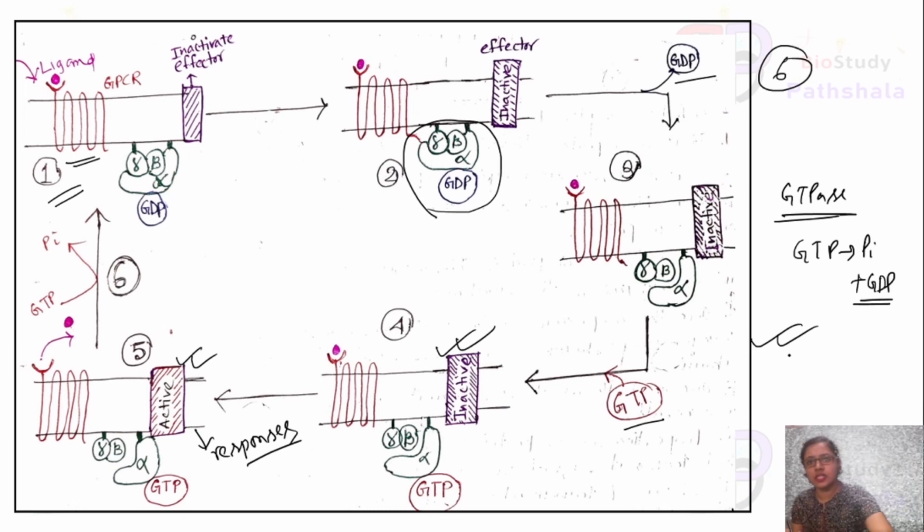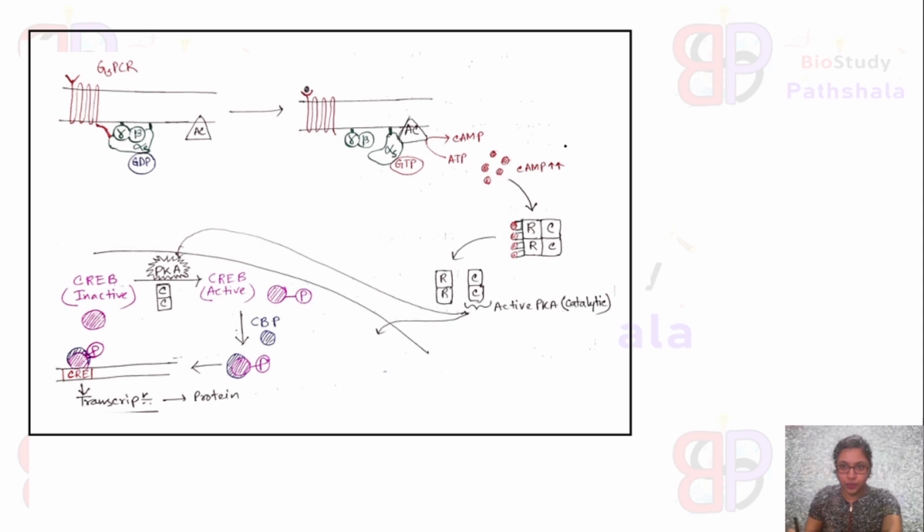Okay. Now we will see a specific case of the GPCR, the adenylate cyclase pathway. It is the AC pathway, that means adenylate cyclase pathway, and here the Gs alpha subset is involved in this particular pathway. After binding with the ligand, this GPCR is activated and it further activates the G protein, and this G protein now reassociates with GTP.